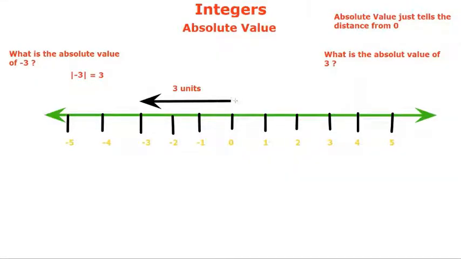So it'll be 1, 2, and 3. We can again say that 3 is 3 units away from 0. Absolute value is represented with a vertical bar to the left, 3, and then another vertical bar to the right. So that brings us to our answer, which is plus 3.